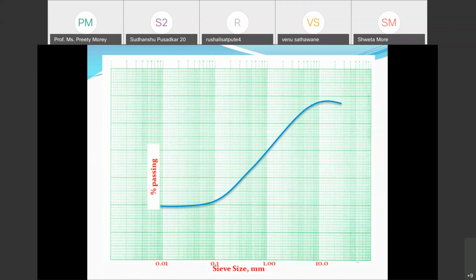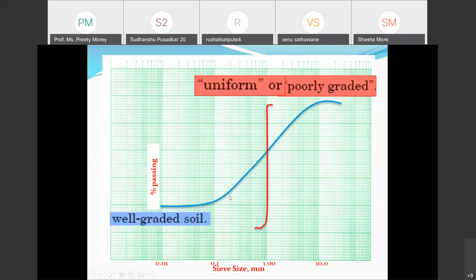It has 0.02, it has 0.15, and so on. So all the soil particles are available in it, and hence this soil is called well-graded soil. The soil which contains all diameters of soil particles is termed well-graded. So we get a normal S curve.